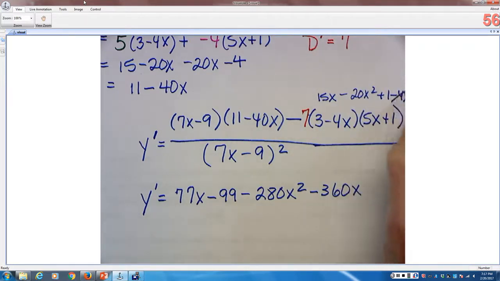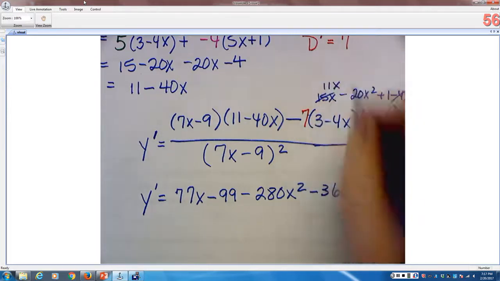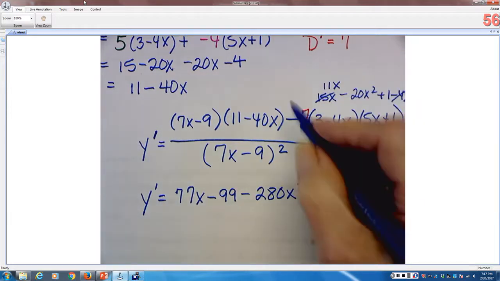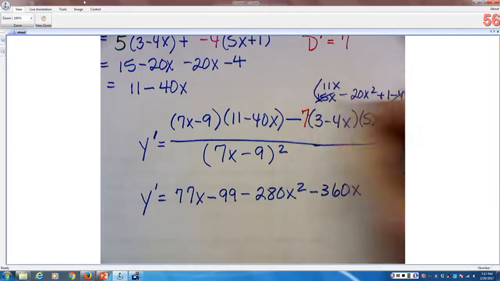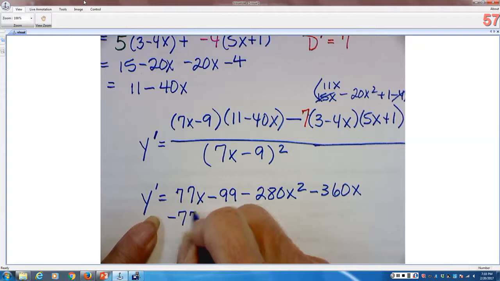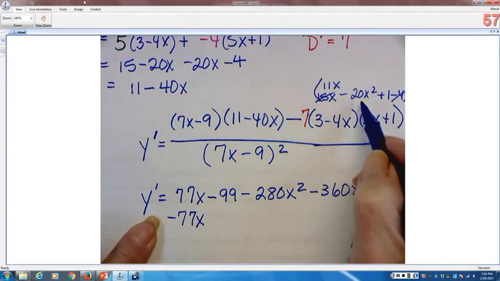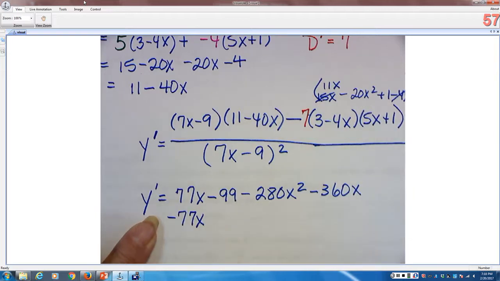And then 15x minus 4x is 11x. And then I'm multiplying this whole thing by -7. So that's going to be -7 times 11 is negative 77x. -7 times -20x squared is going to be positive 140x squared.